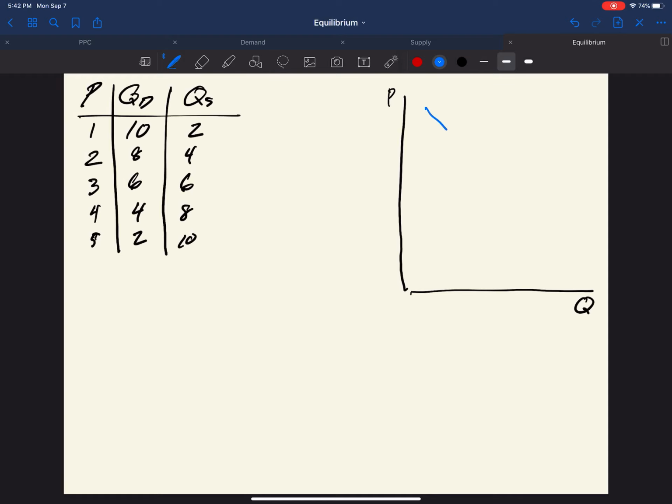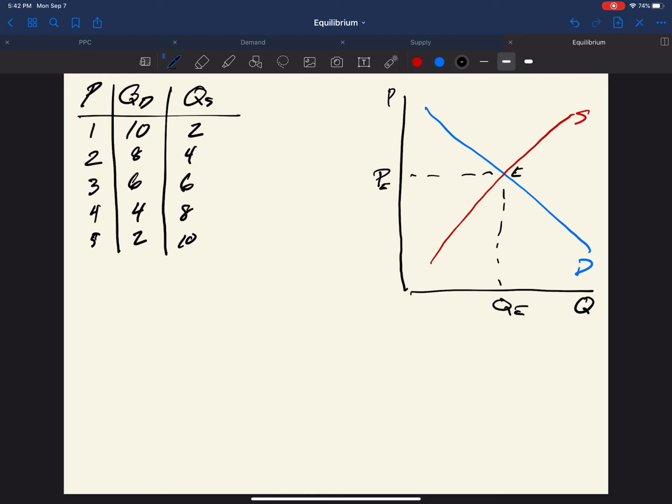Now let's go ahead and do demand and supply. So this is your basic equilibrium graph on this end. Now, let's identify how this works on the table.